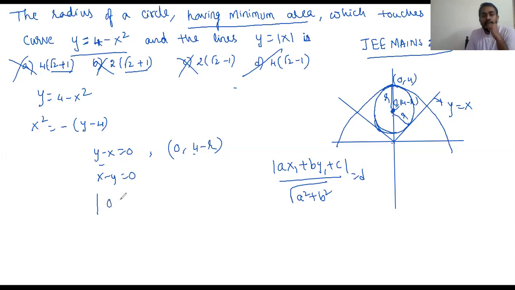So mod of 0 minus 4 minus r over root of 1 plus 1 is equal to r. If you simplify this, you will get one of these options. The only unknown is r, so if you simplify, you'll get r equal to 4 into root 2 minus 1.